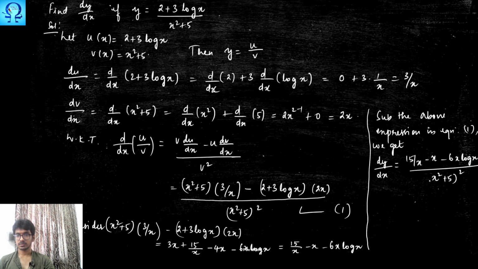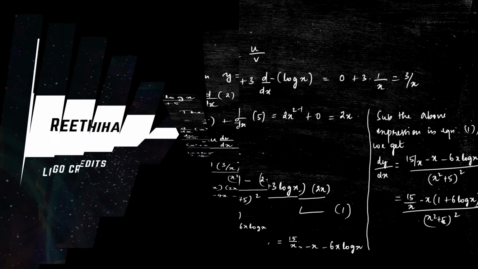This may be left as it is, or we may take minus x as common, and so when you take minus x as common, you will have (1 + 6 log x) upon (x² + 5) whole square. It is our wish whether we leave it in this step or simplify till this step. It is up to us. Thank you.